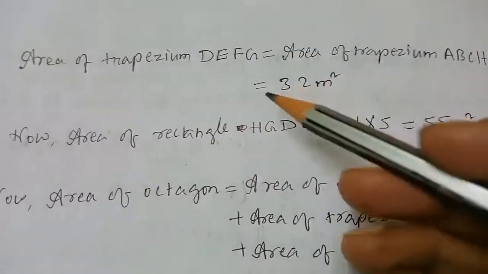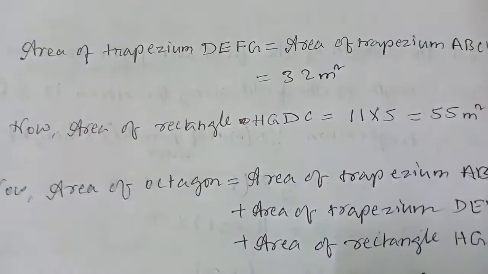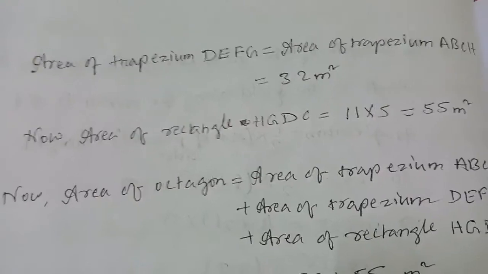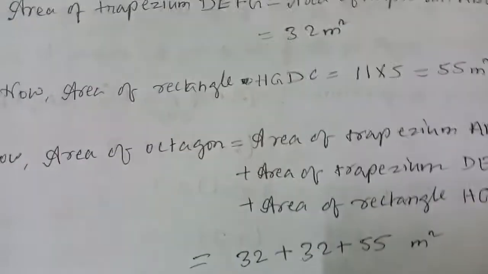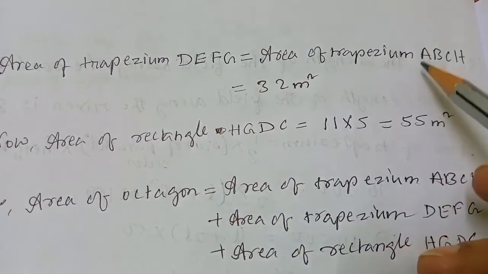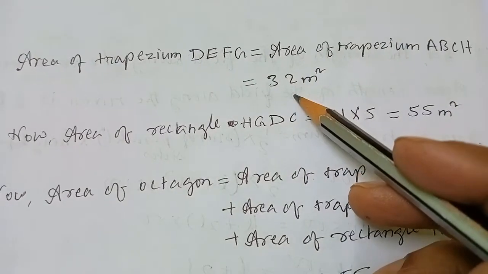So you have to write like this. In the next page I have written, the area of trapezium DEFG, that is the lower side trapezium. This area is also the same as the area of trapezium ABCH, so it is also 32 meter square.